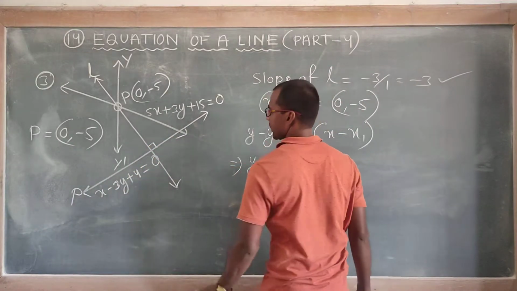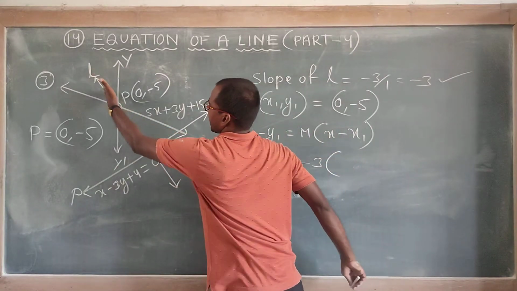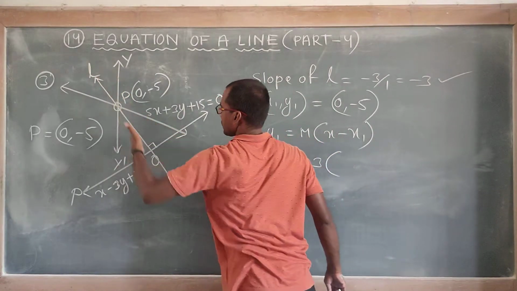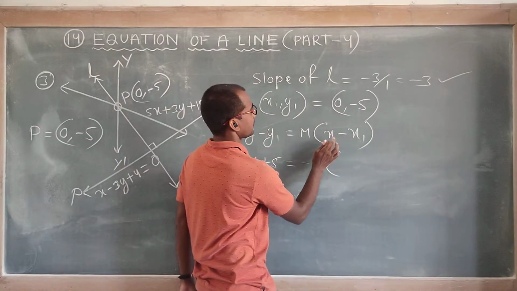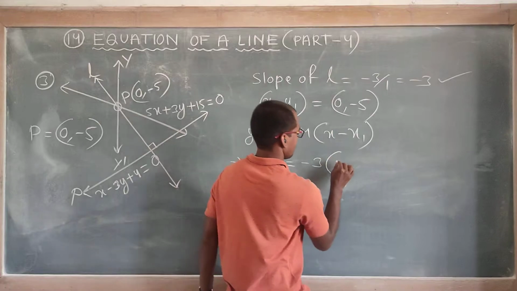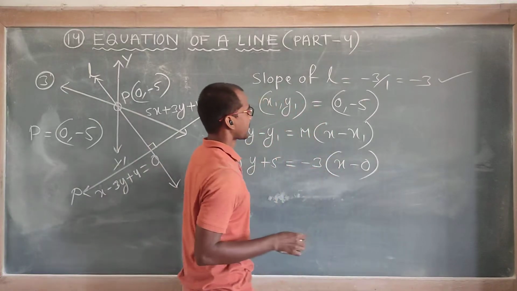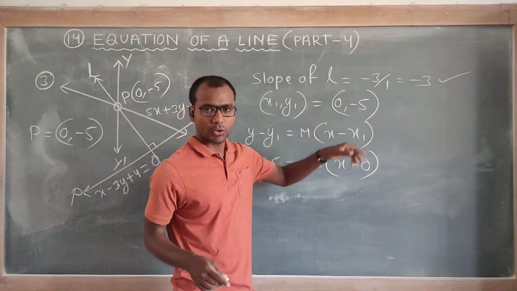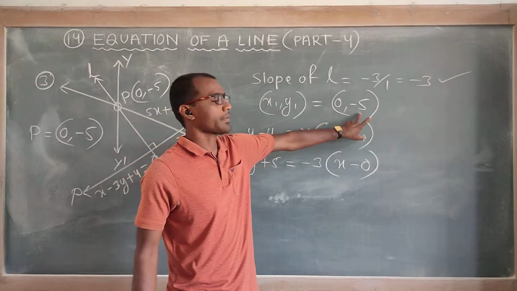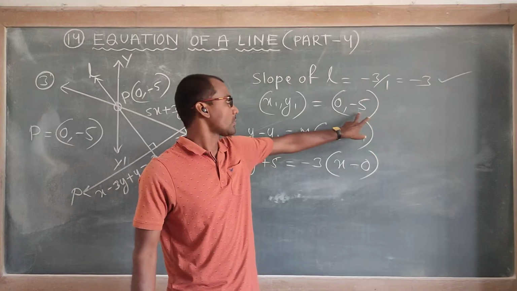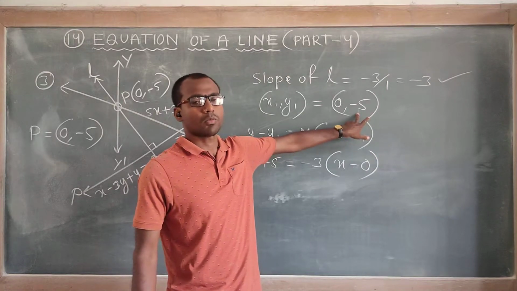Slope is negative. Definitely slope is negative. See, the line is moving down. So slope is negative. X minus x1 means x minus 0. Here actually this is 0 comma minus 5, which means the y intercept has been given to you. So here we could have used the slope intercept formula also.